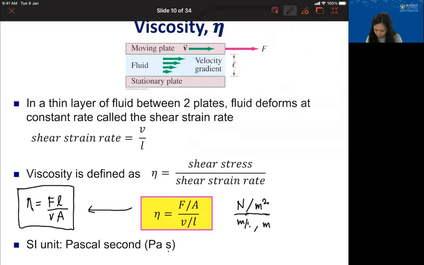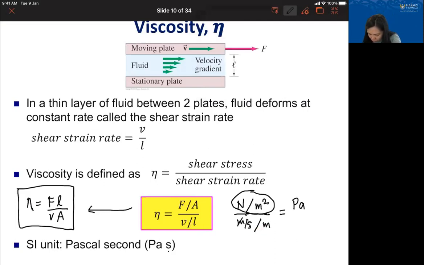So let's try to work it out. Newtons per meter squared is already pressure, that's equal to pascals. And this is where it's tricky when you have divide signs in both the numerator and denominator of a division as well.